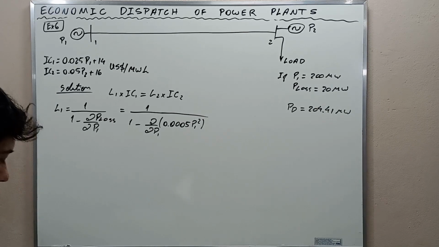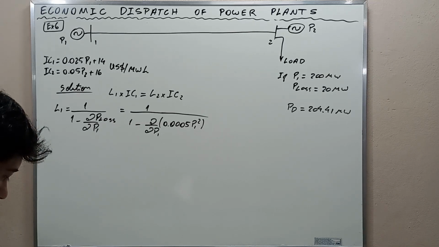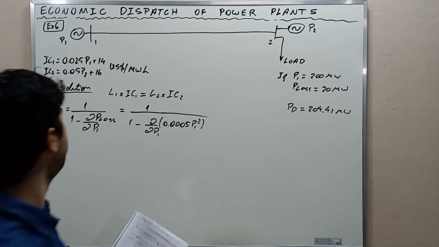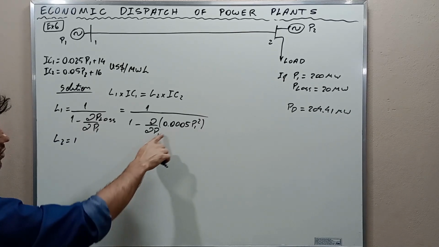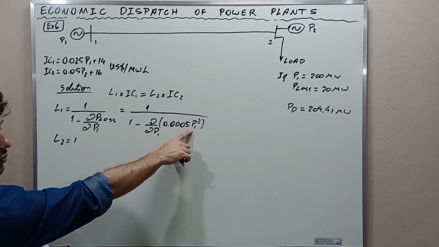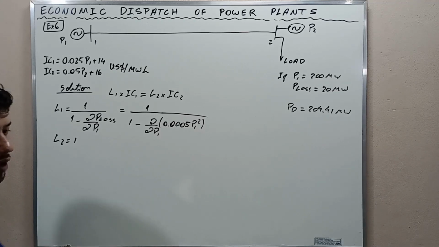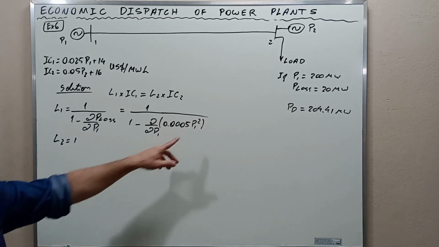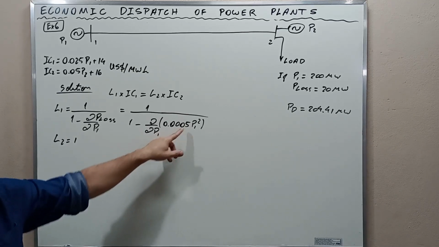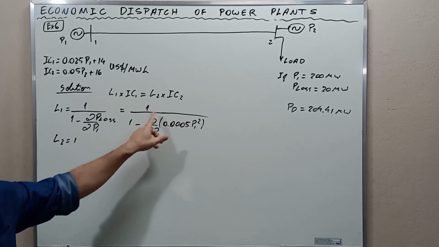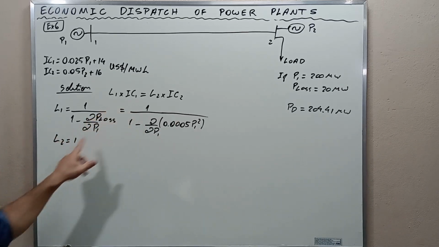power plant 1. And the penalty factor for power plant 2 doesn't exist. It is simply 1, okay? L2 is equal to 1 because this expression is not a function of P2, okay? When we take the derivative of this function with respect to P2, it is 0, then 1 over 1 is 1.